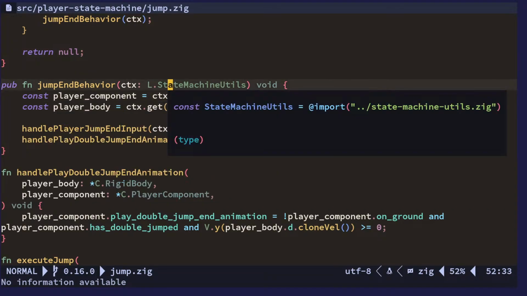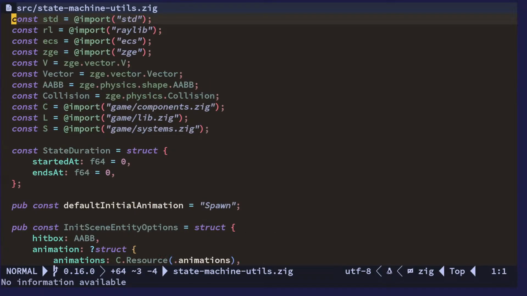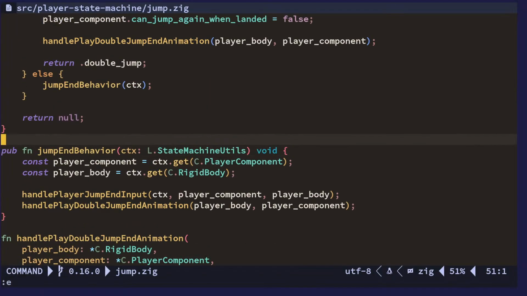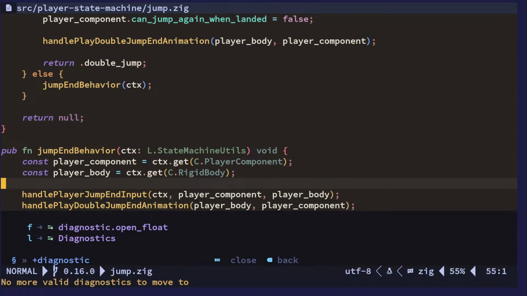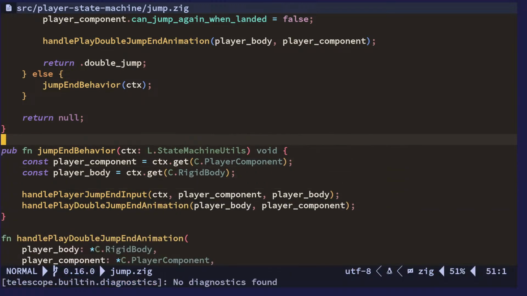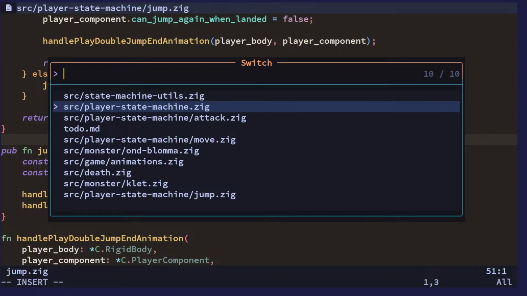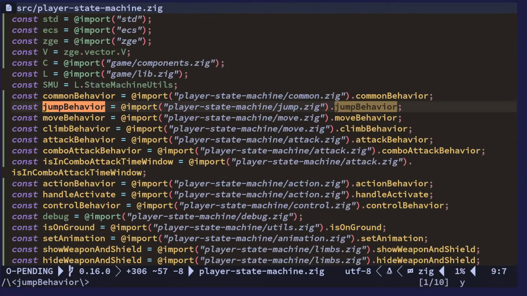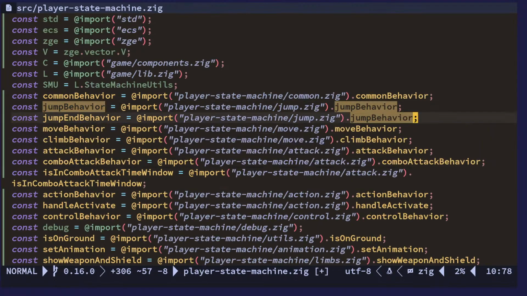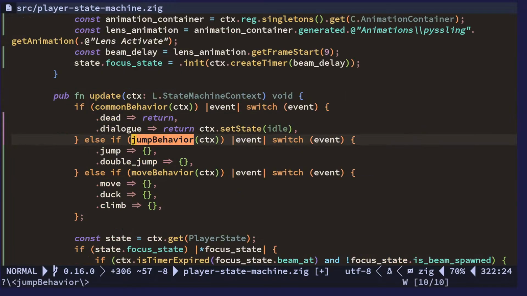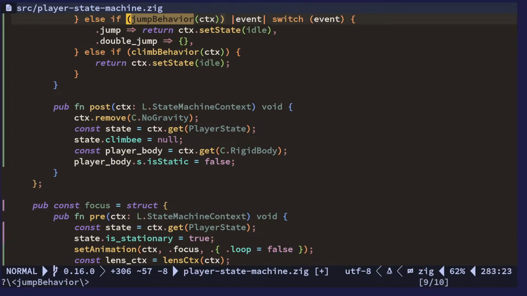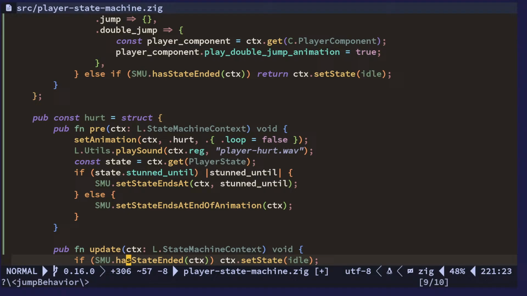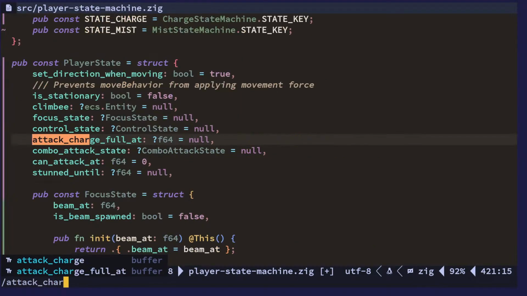What the hell is going on? Okay, I'm not sure what's going on there, but okay. Now we'll go here and up here, and we can have a jump end behavior. Focus, climb. Oh, where is that? Attack, charge.